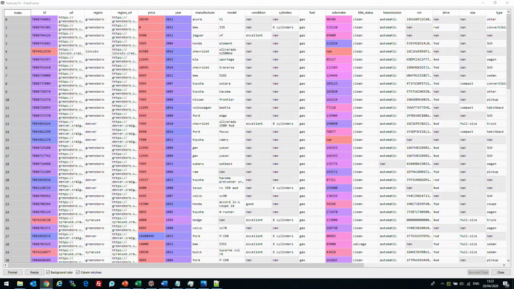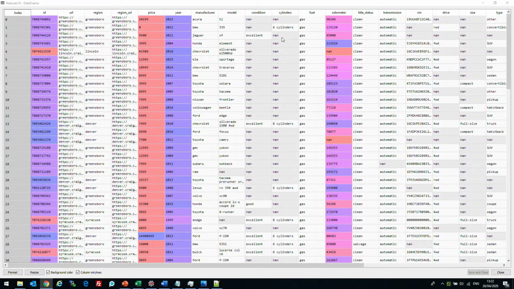The Craigslist dataset consisted of 25 features and over 500,000 records. Now, there were some issues with data quality here, particularly around missing values, which is to be expected when people are posting ads themselves online, as well as some redundant features that would be unlikely to be much use in a machine learning model.